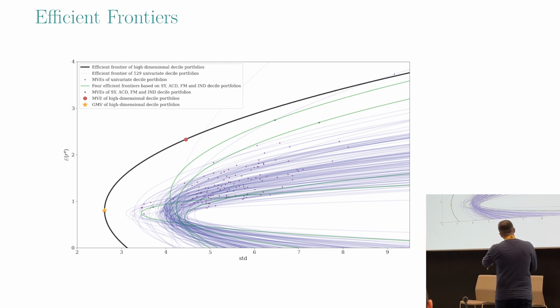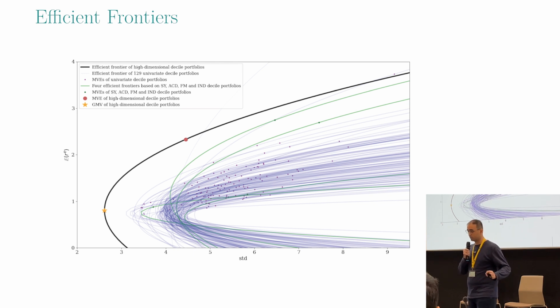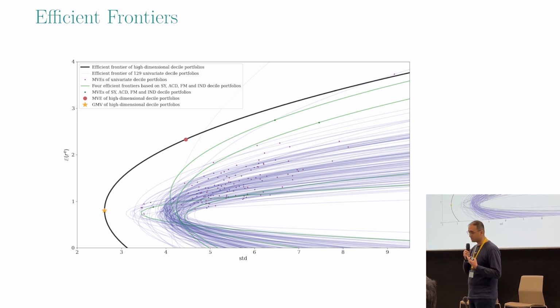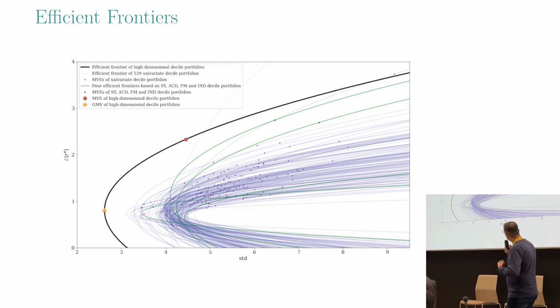And there are 133 other efficient frontiers which are already documented in the literature, based on either one univariate sort, or based on correlations, based on industry, based on expected returns. And we see that the high dimensional portfolios span the mean variance efficient frontier. Thank you.